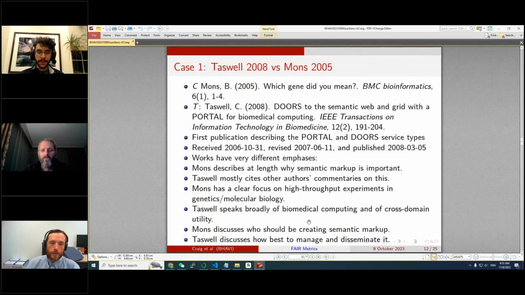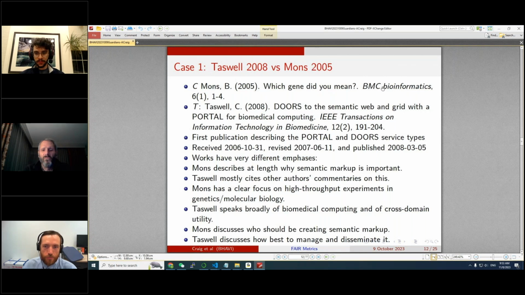All right, so a slightly deeper dive into each of the individual papers here. First being Taswell 2008 versus Mons 2005.